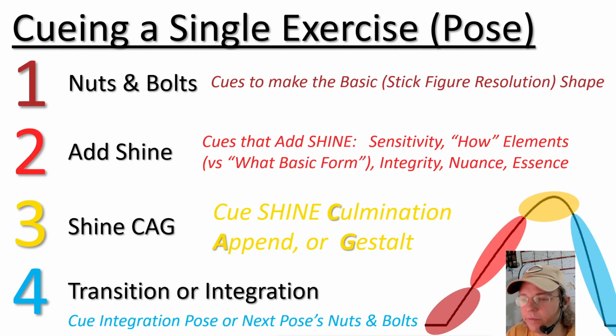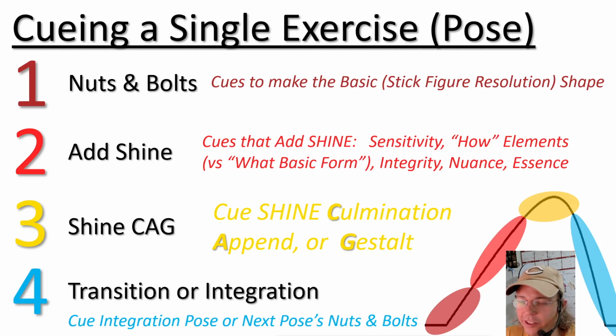So you cue the basic shape, then you cue the things that aren't the basic shape or add life or shine to the pose. And then we get the apex, which is shine CAG, or the cueing shine to its culmination, its append, or its gestalt. And then we get to the transition or integration. And oftentimes that fourth phase is actually phase number 1 of the next pose.